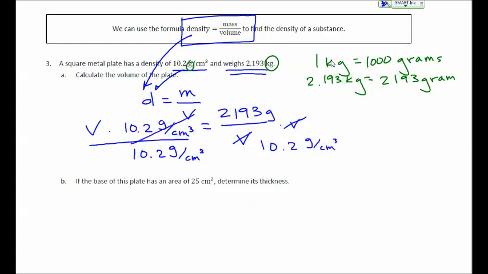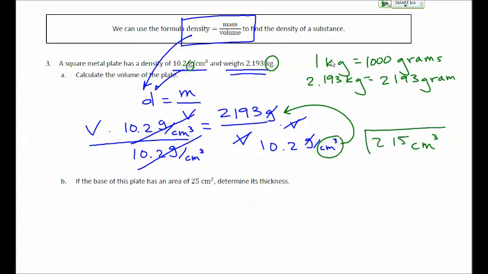And this will cancel with this, and the grams will cancel with grams, and the cubic centimeter here in the denominator of the denominator is the same as putting it in the numerator. So the units I get are cubic centimeters. But how many cubic centimeters? Well, I take 2,193 and divide by 10.2, and I get 215 cubic centimeters.